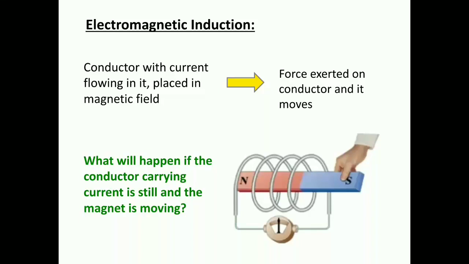But if an electric conductor is moving in a magnetic field, or the magnetic field around a stationary conductor is changing, what will happen? In order to find out the answer to this question, scientist Michael Faraday did research and showed that an electric current can be produced in a conductor with the help of a moving magnet. Meaning, with the help of a moving magnet, we can generate electricity.